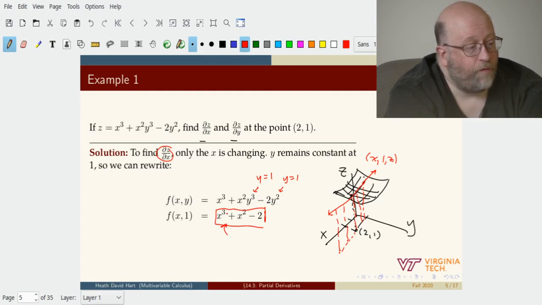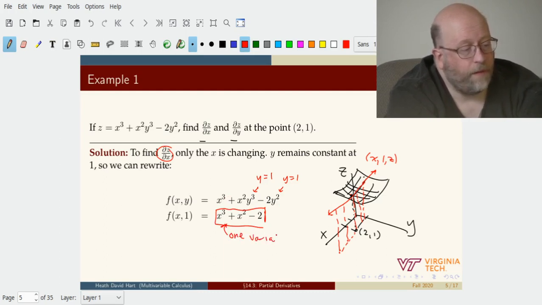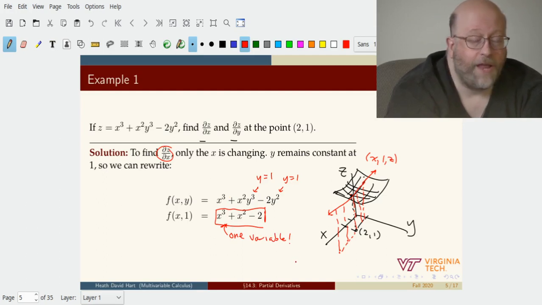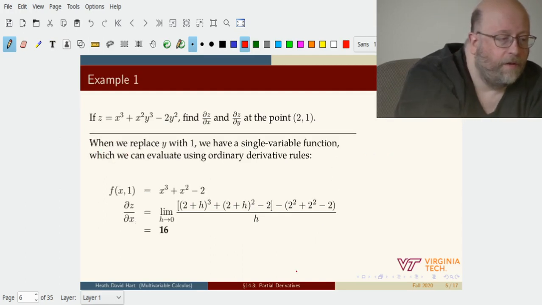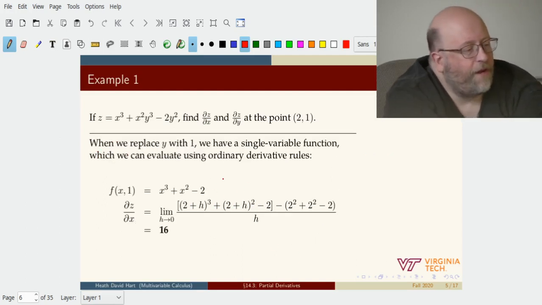And now that we're down from 2 variables to 1 variable, we can take the derivative. The derivative of x cubed plus x squared minus 2 is 3x squared plus 2x.